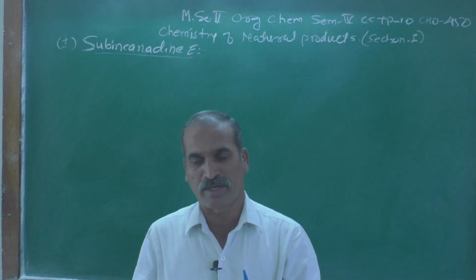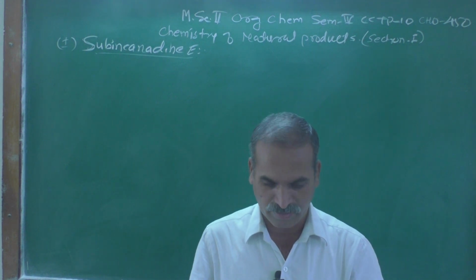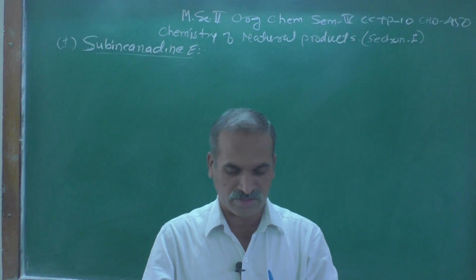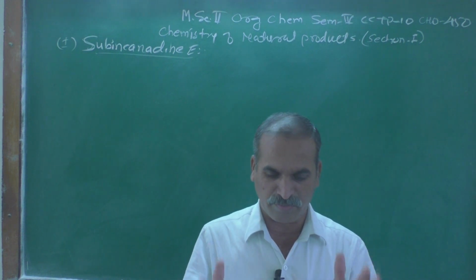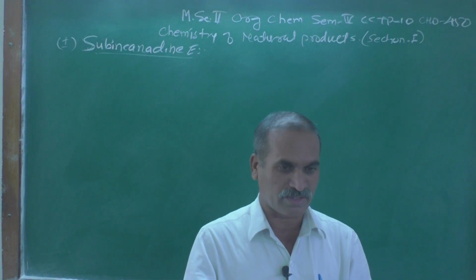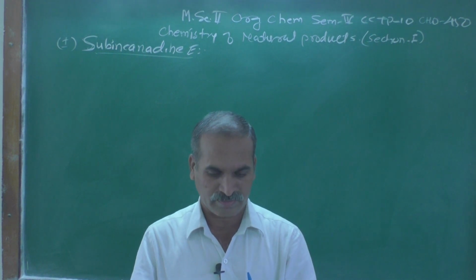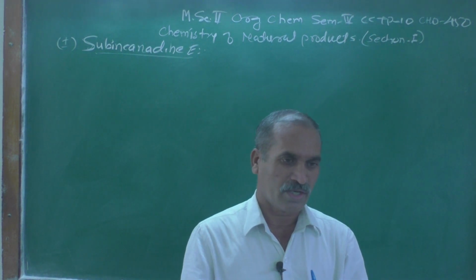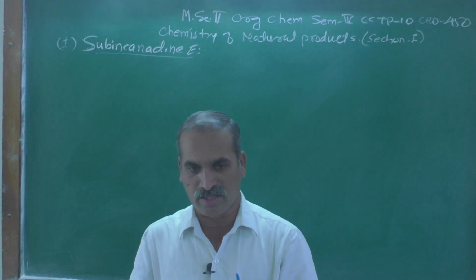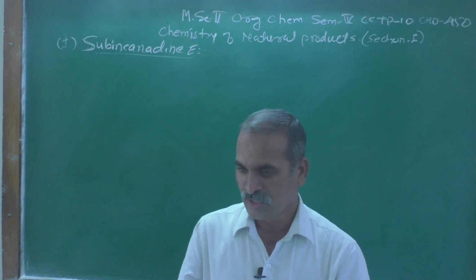Do you remember what we were discussing yesterday? I think we were discussing the retrosynthetic analysis of plus-minus sabine canadine E. And as we all know, sabine canadine E is a natural product and it shows a very important biological activity, which is cytotoxic.